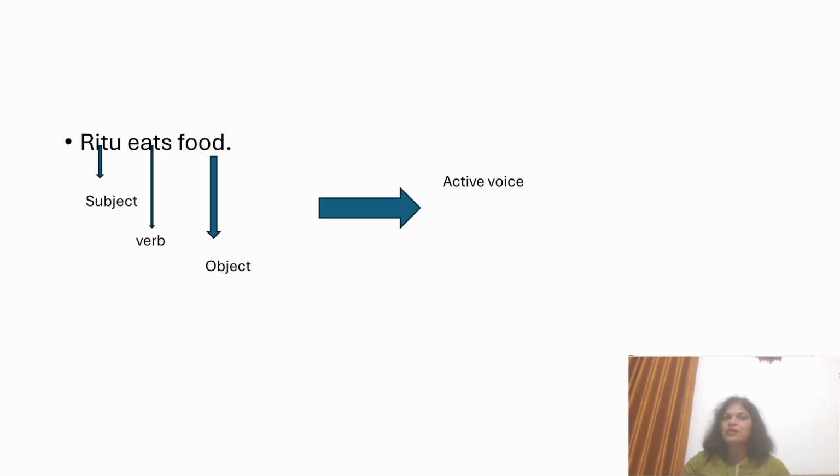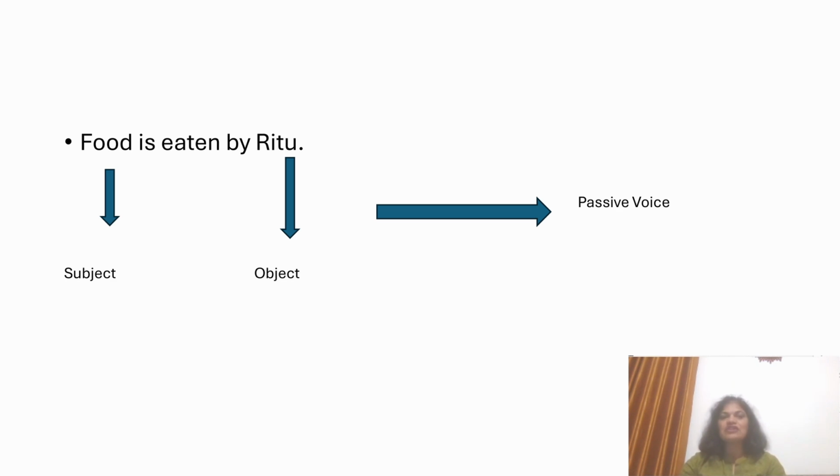Because Ritu performs some action. Here the subject does some action. Ritu eats food. But when we change the sentence from active to passive, now look at this sentence. Food is eaten by Ritu. Now the object became the subject and the subject is the object now in this sentence. Food is eaten by Ritu is in the passive voice.